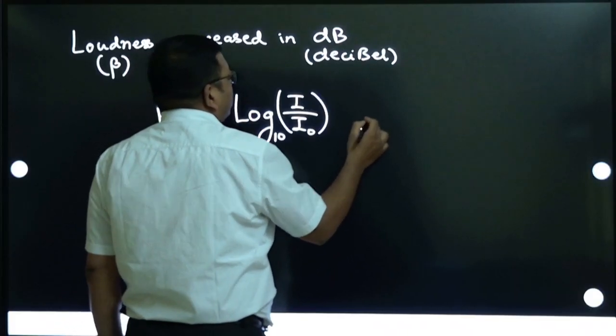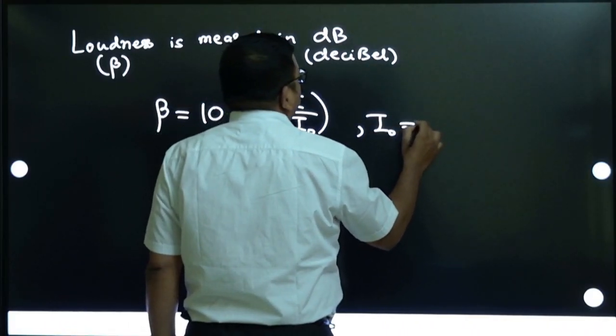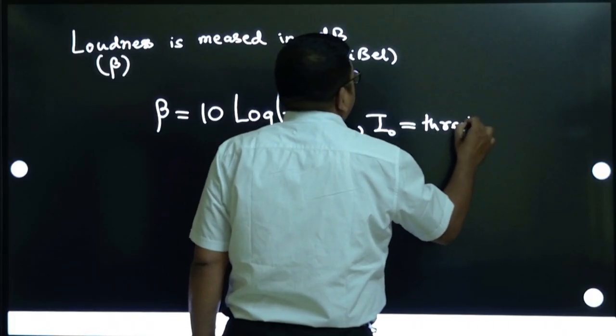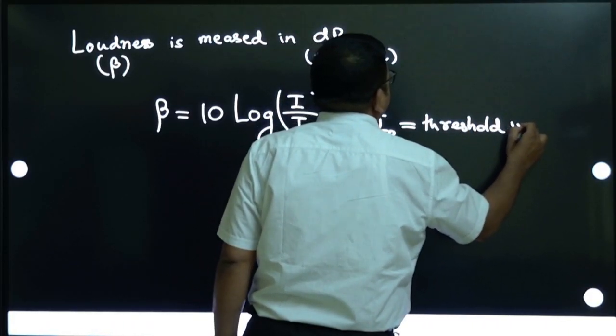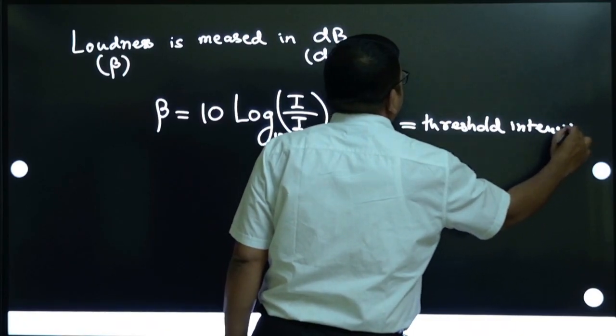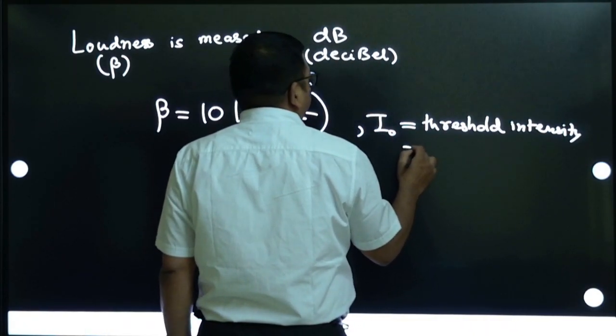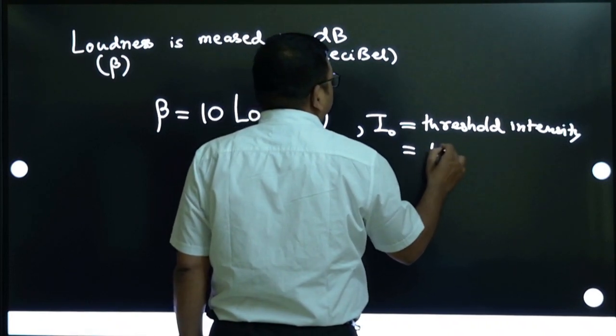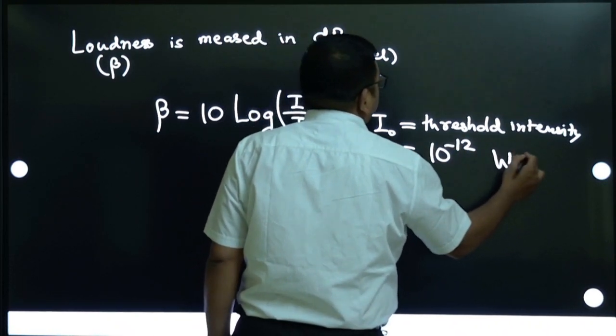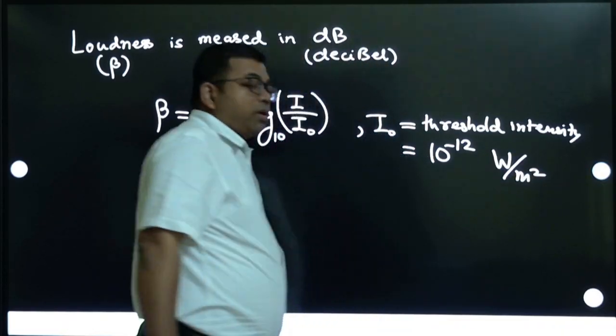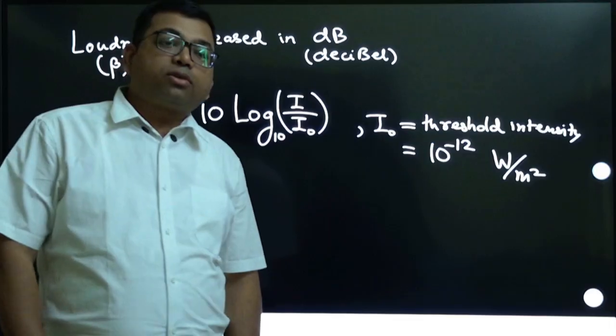Here this I naught is called the threshold intensity, and this value is 10 to the power minus 12 watt per meter square. Watt per meter square is the SI unit of intensity.